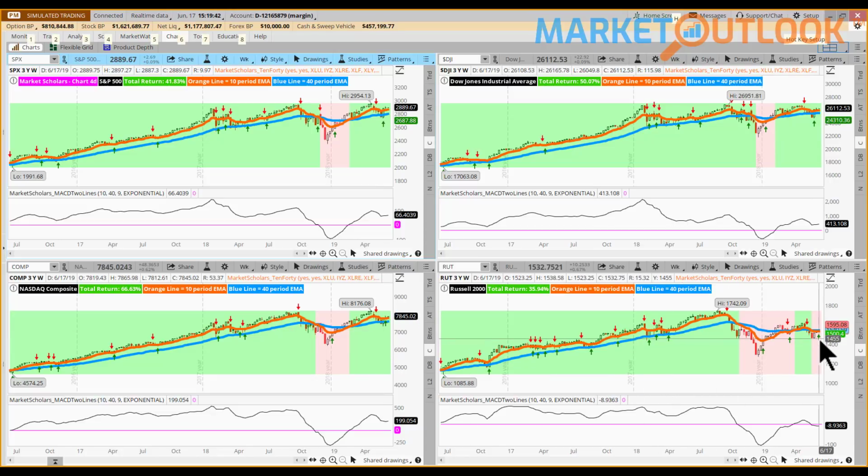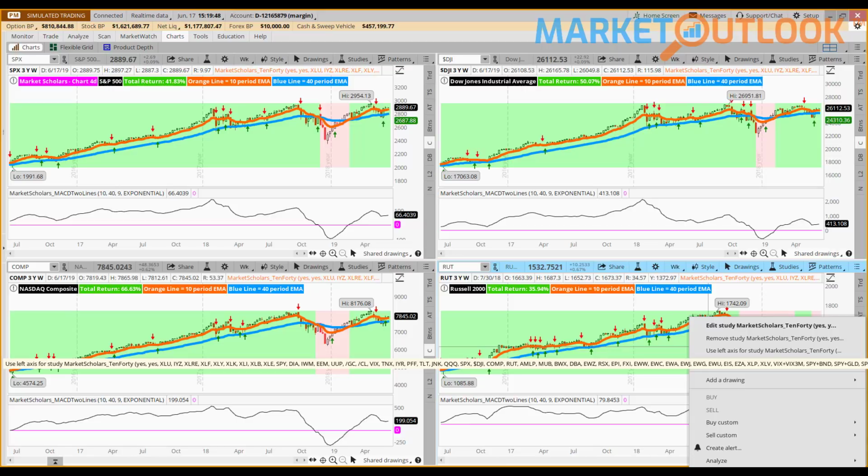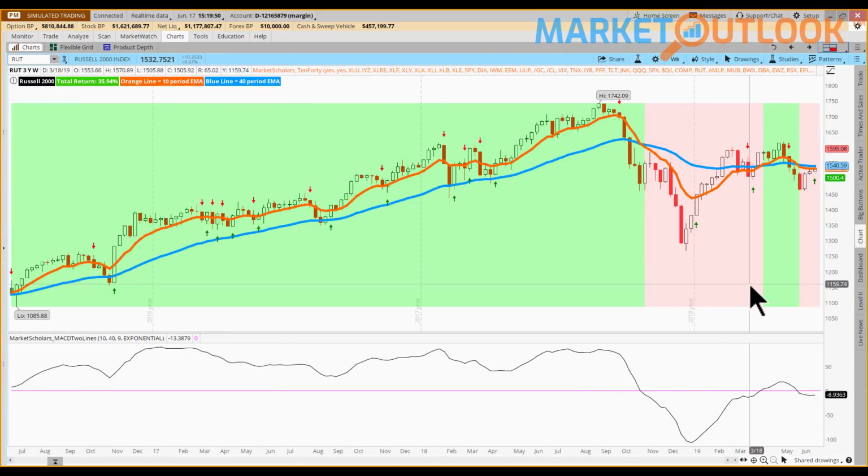However, there is something new to report. As of this moment in time, we do have a little green arrow showing up down below here. In fact, let me right-click and go to maximize cell so you can see this a little bit better. That green arrow is showing up because the price is now above the orange line. Note that the background colors of the charts will only change when the moving averages themselves cross.